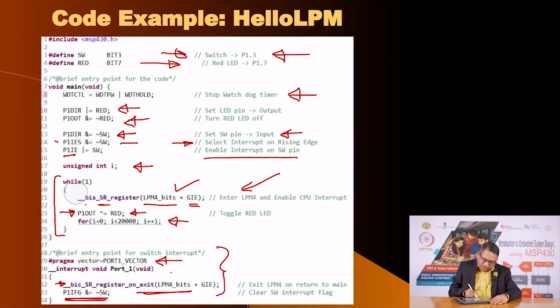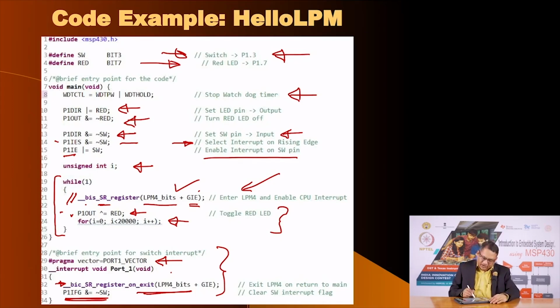But if you comment this instruction out, which means you are not turning the interrupts on, interrupts are not going to work. Then the only instructions in this loop are toggle the LED, delay, toggle the LED, delay. So in this mode the LED is continuously going to toggle.